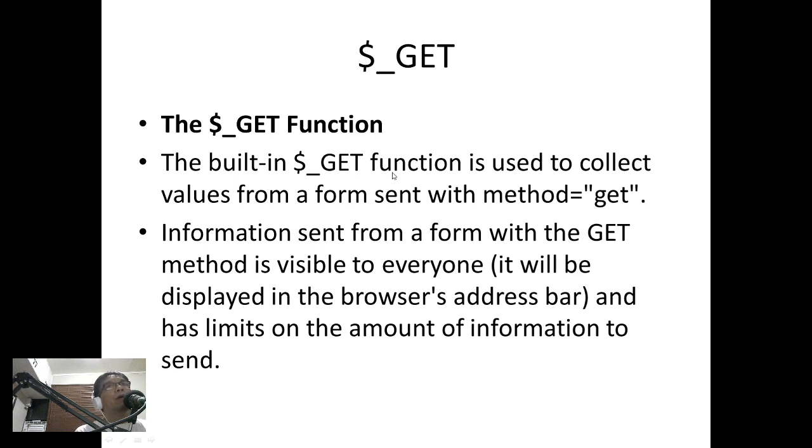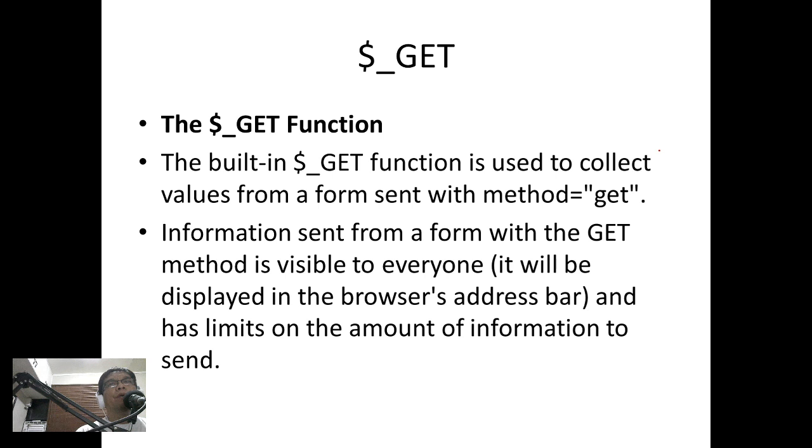So what is the GET function? The built-in GET function is used to collect values from a form sent with method equals get. In our previous example we had method equals post, but here the method is equal to get.